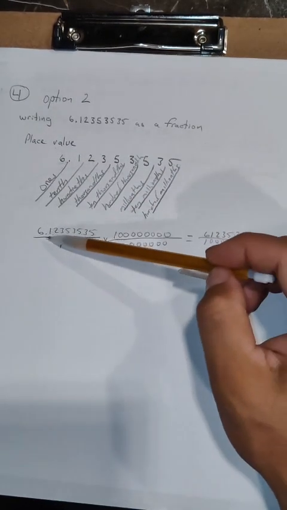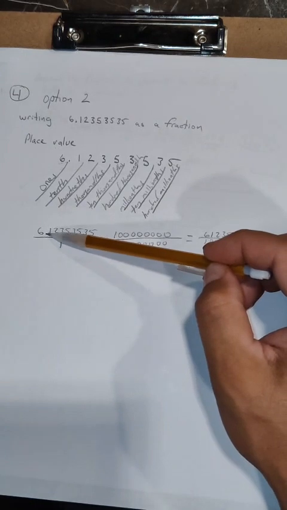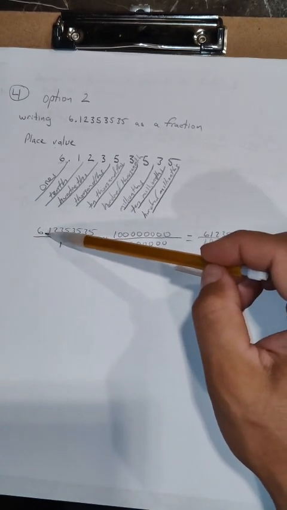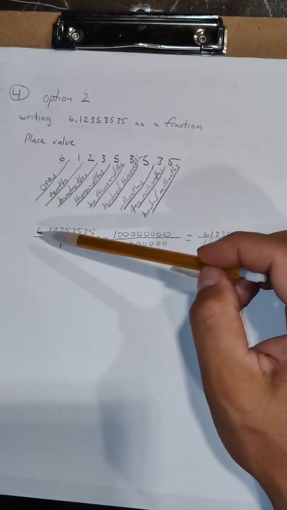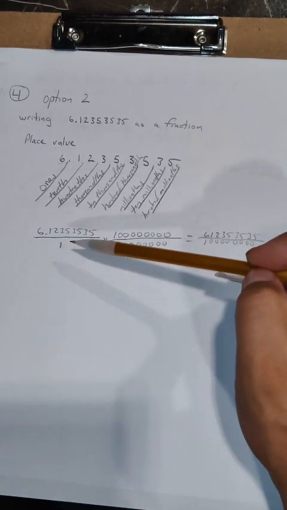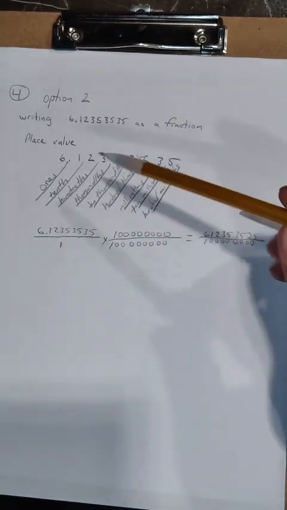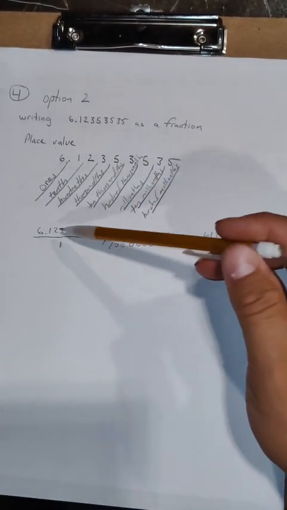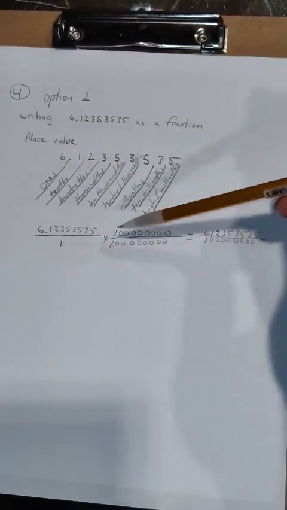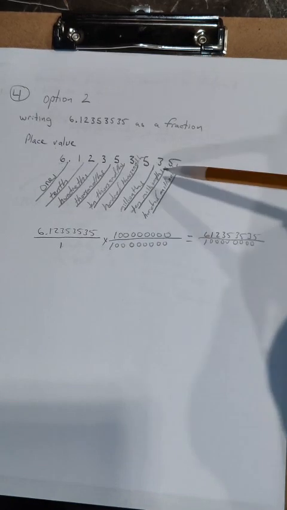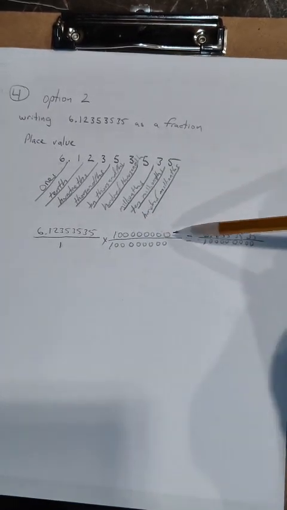So you have it here in fraction form, but it's got a decimal. We don't want to keep it as a decimal, so we want to have the numerator and denominator as integers, no decimal. In order to get rid of the decimal, we need to multiply it by 100 million.